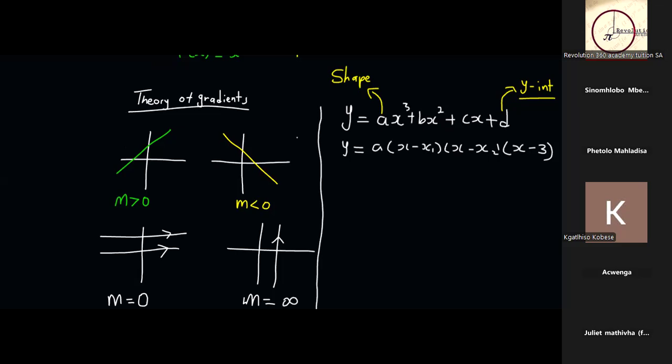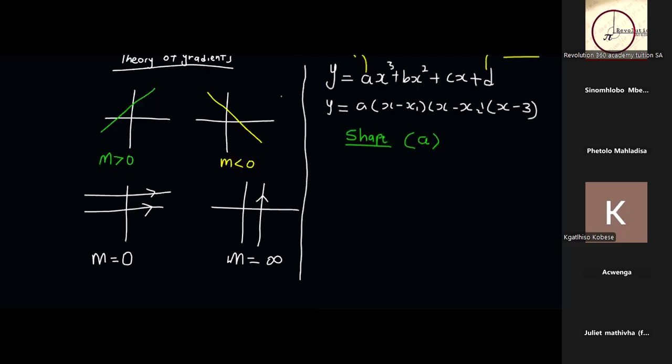So you have an understanding that the shape here is represented by the letter a. And one thing that you need to understand, always, whenever you're given a cubic function in this equation, y is equal to ax cubed plus bx squared plus cx plus d, there are 2 instances that will happen.